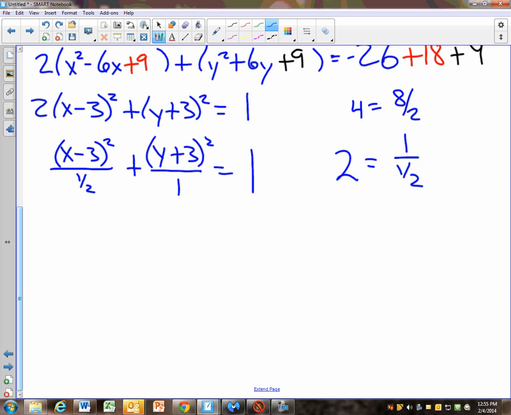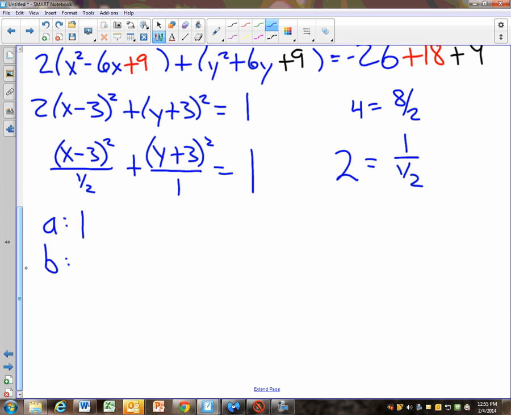So all I did is rewrote it in a way that I can now glean some information about it. Since the a value is bigger underneath (y plus 3) squared, this is stretched more vertically. So my a value is 1. How would you find the b value? What would you do? To find the a value, you took the square root of 1.